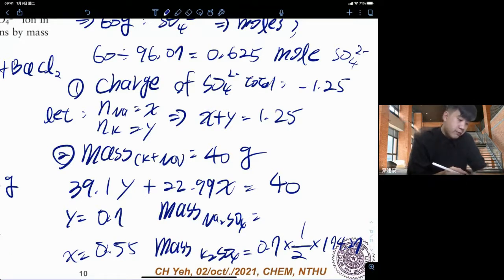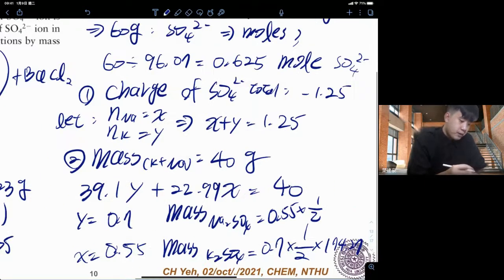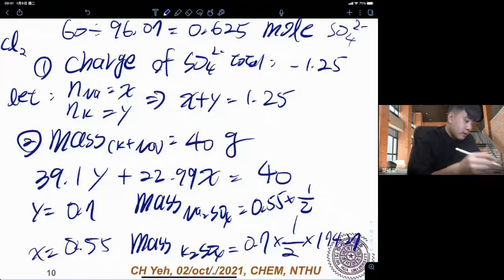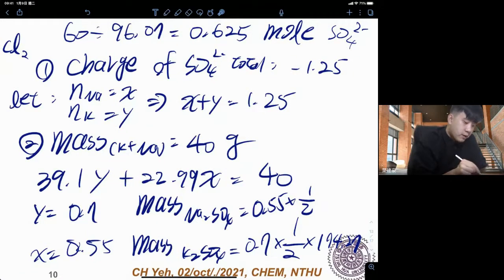And the mass of the sodium sulfate is 0.55 times 1 over 2 times its molar weight. I expand this because if you have 2 moles of sodium or 2 moles of potassium, the moles of sodium sulfate and potassium sulfate should be divided by 2, because 2 sodium atoms make up 1 sodium sulfate molecule.